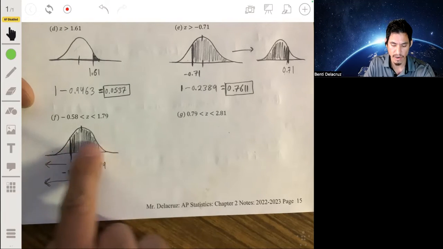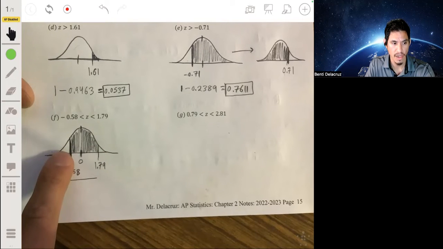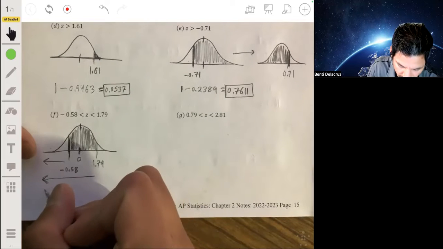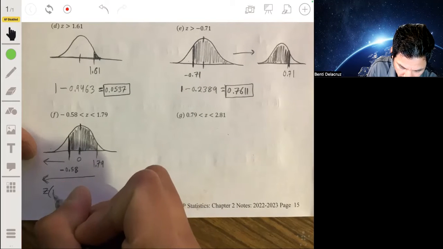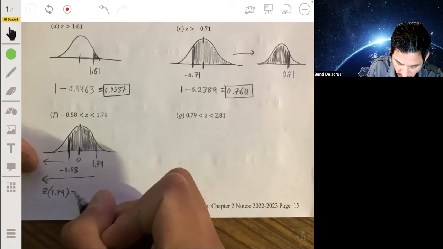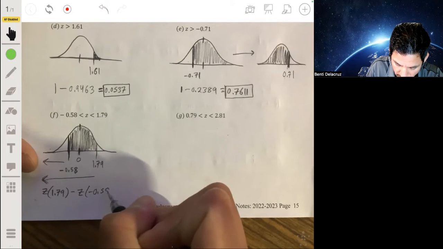So take the bigger area, you could say, and from it subtract the small area. And I like to say it like this. This is one way, not technically a formal notation. I'll say take the z of 1.79 and from it subtract the z of negative 0.58.